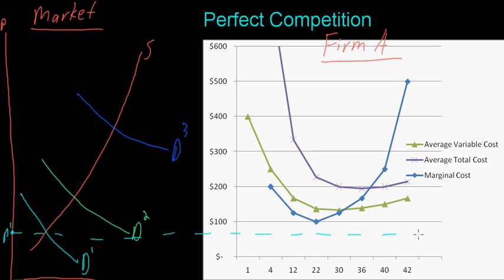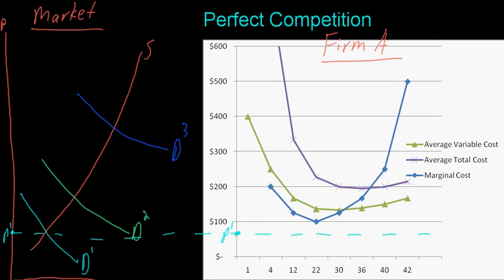They can't influence the price at all. Since this is the price in the market, this is the price that the firm has to charge, because they can't charge more, otherwise they won't sell any of their product. So this is the price that the firm can earn for its goods if this demand were to be the case.